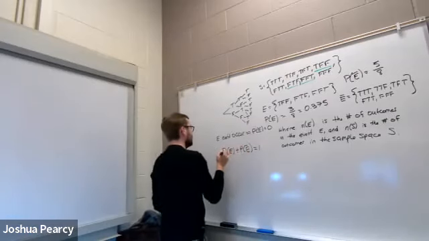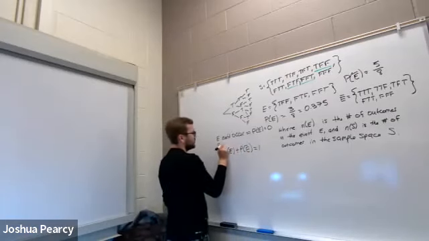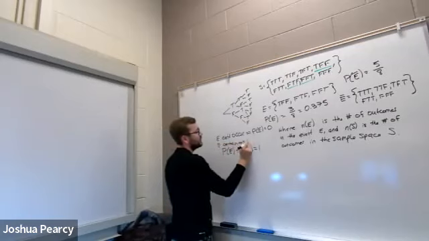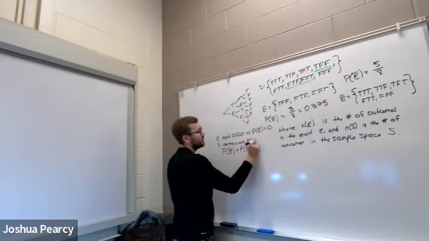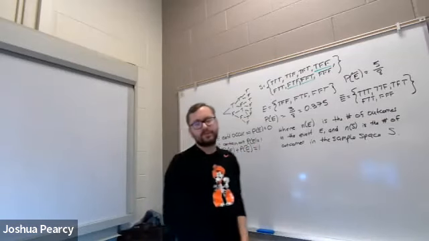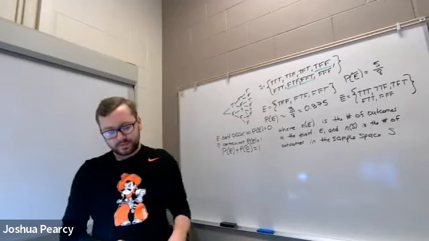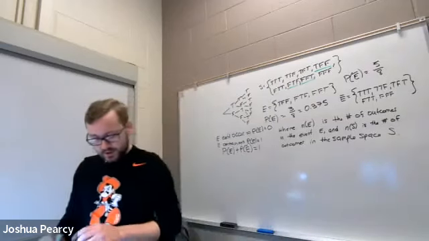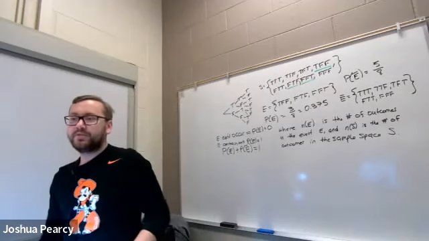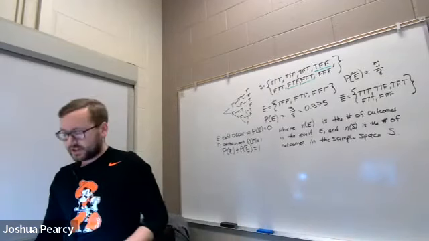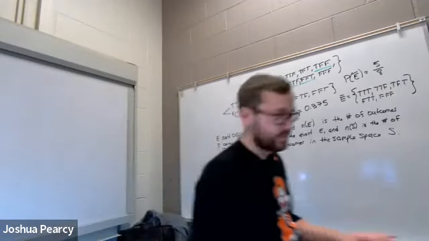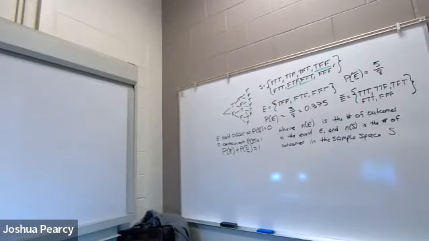So if E is certain, that implies the probability of E is 1. Everyone following up to there? It's not too bad so far, is it? It'll get worse.